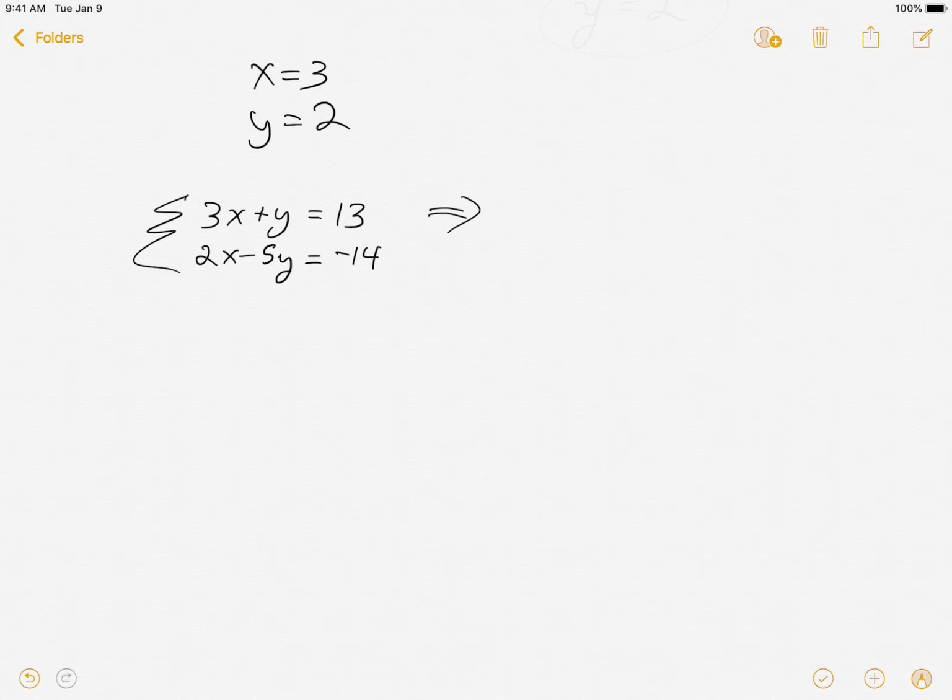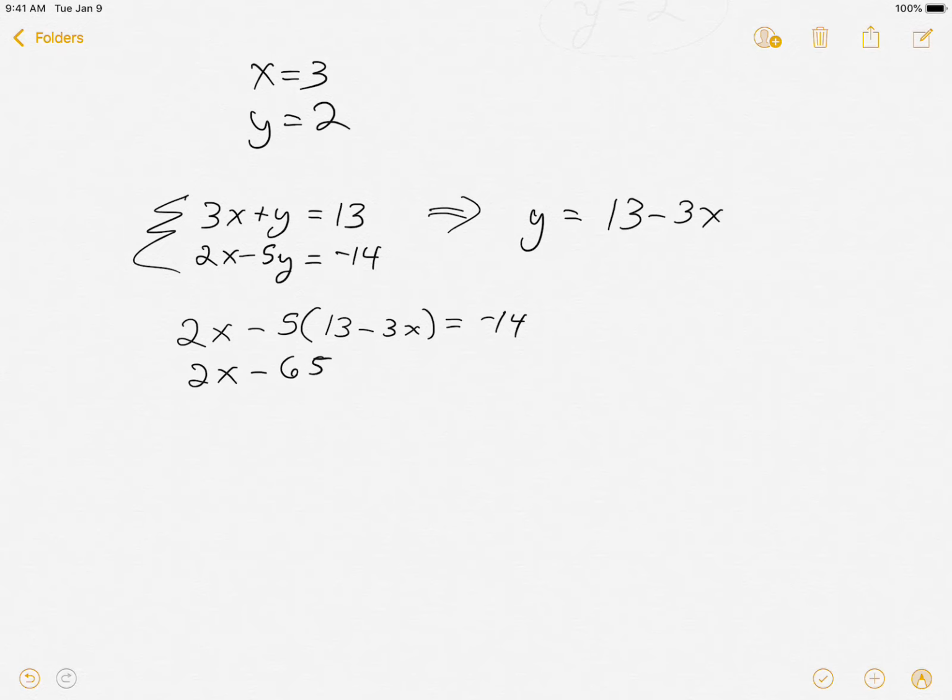You can see in this top equation I can solve for y by just subtracting 3x from both sides. Now I need to take that and substitute in for y into the other equation. Okay, and then I'm going to solve for x in this equation because I've now made it an equation of one variable.